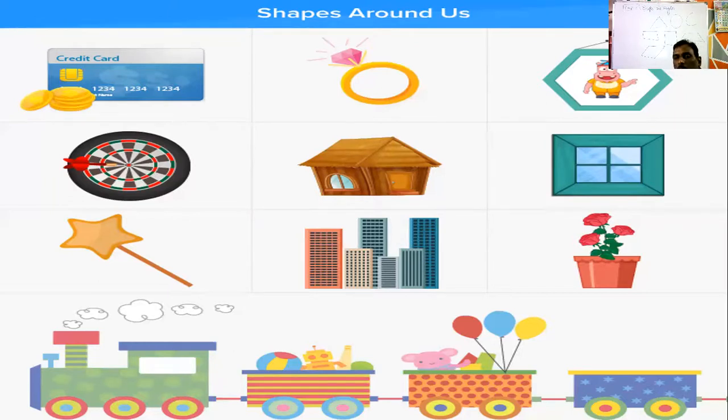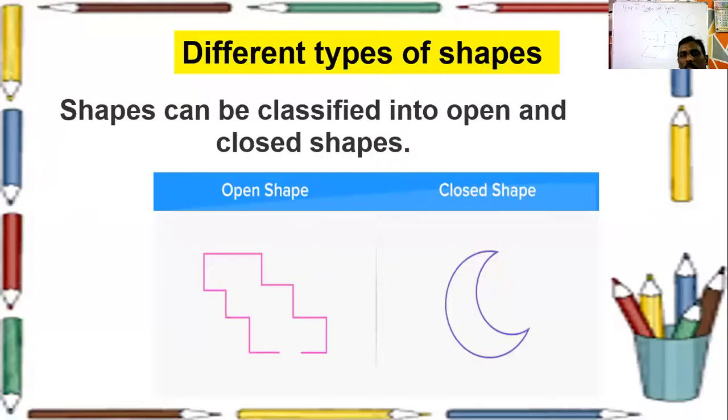Here star, buildings, rectangular shape, flower pot, which looks like a cylinder or a frustum. So mathematical shapes are not only in the math textbook; in regular life also, you can see objects in the shape of some mathematical shapes.